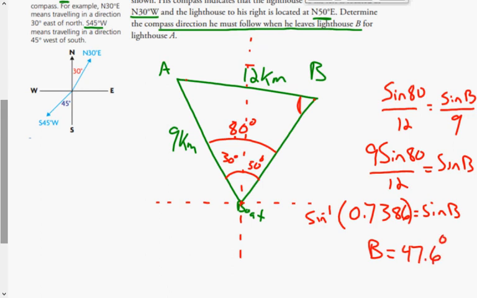All right, cool. So now I know that this angle here is 47.6. But when the boat leaves point B to get to lighthouse A, it's not going to work out like that, because you have to figure out the course that he's going to travel in directions off of north and south. Okay?